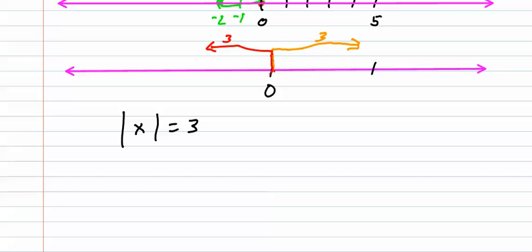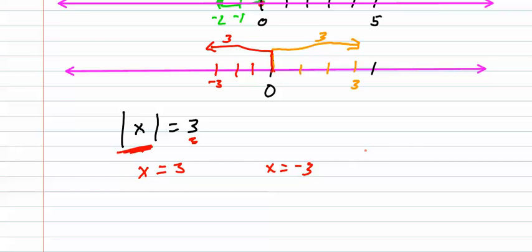Now, 3 units from 0 to the right takes me 1, 2, 3, takes me there. 3 units to the left, 1, 2, 3, takes me to negative 3. So if the absolute value of x is equal to 3, that means x has to be 3, or x has to be negative 3.